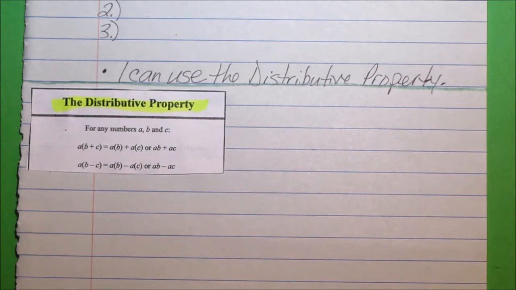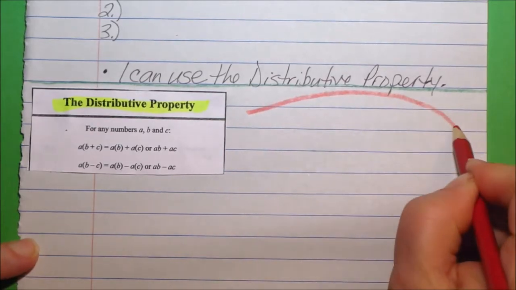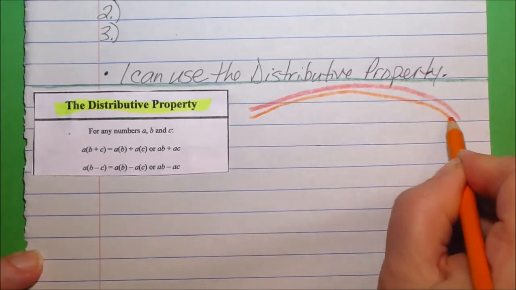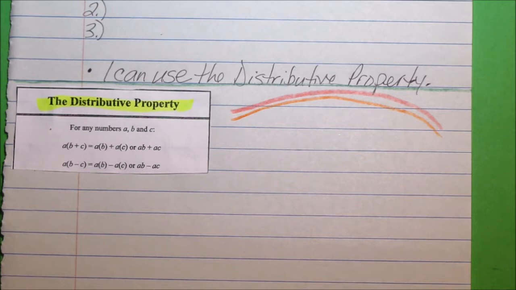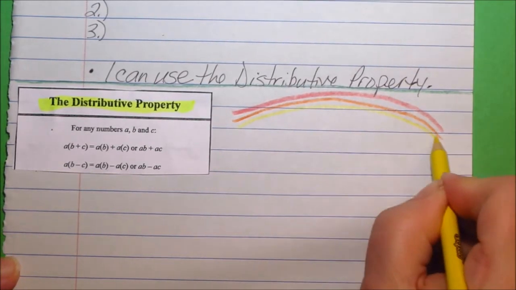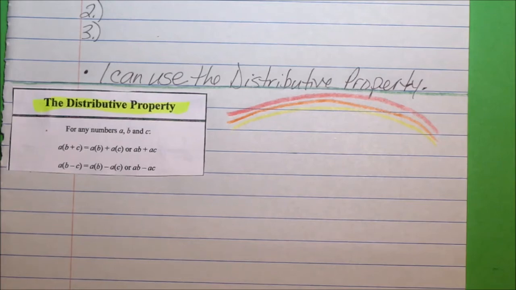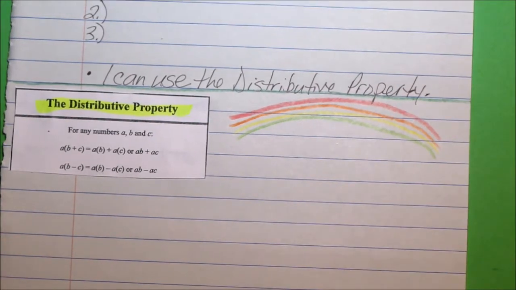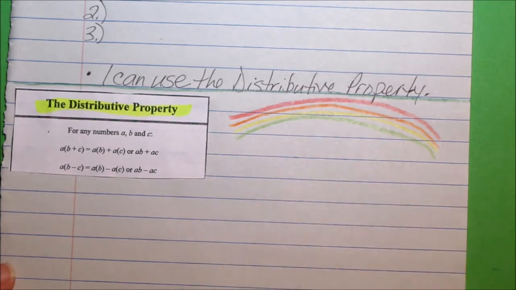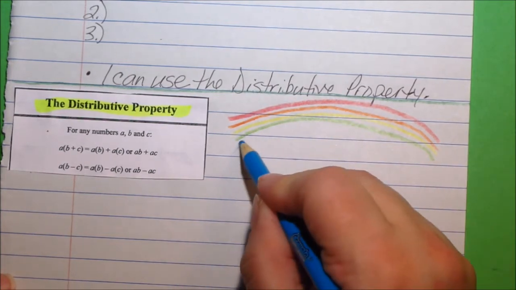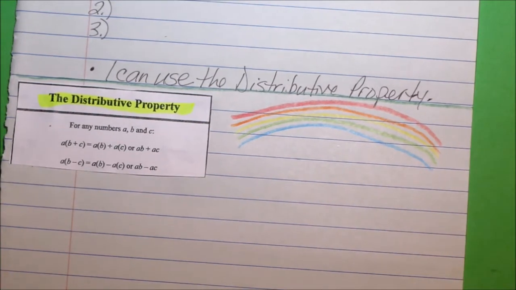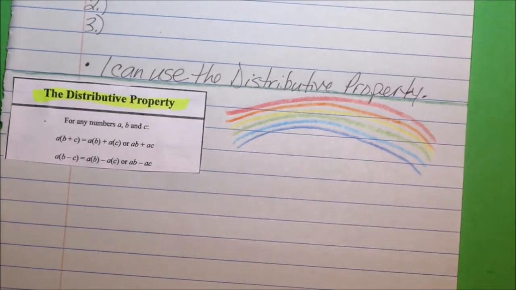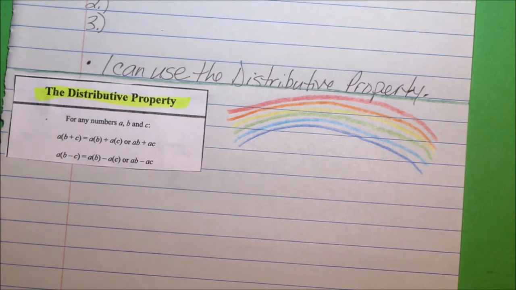And so I'm just gonna draw a little rainbow here with my red, and then orange, and then yellow, the colors of the rainbow, and then green, and after that we have blue, and then purple. There we go. There's my little rainbow.